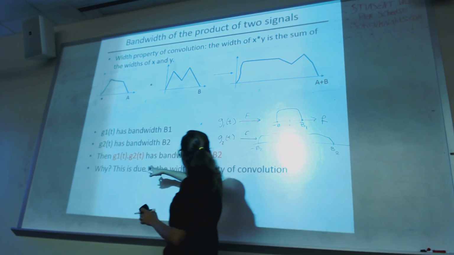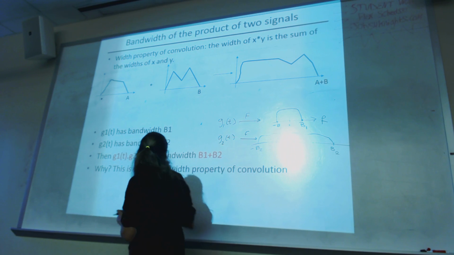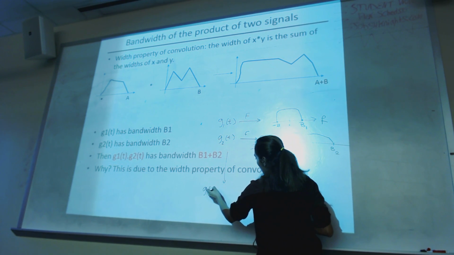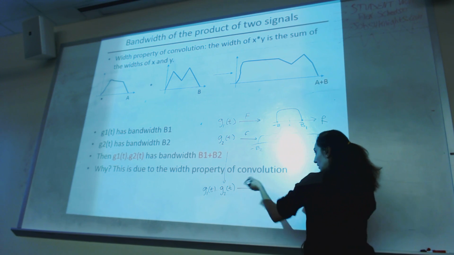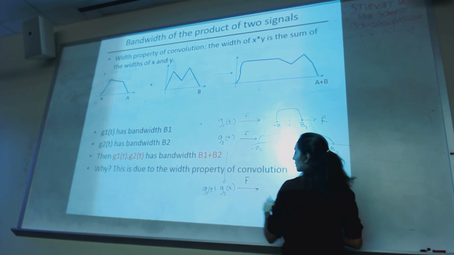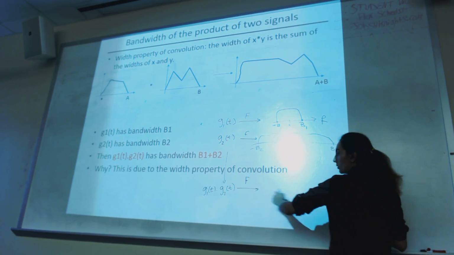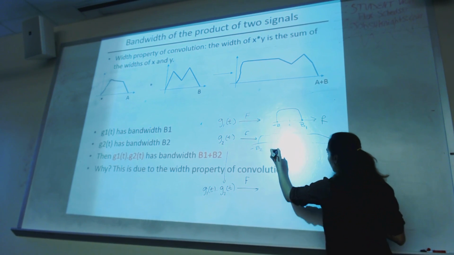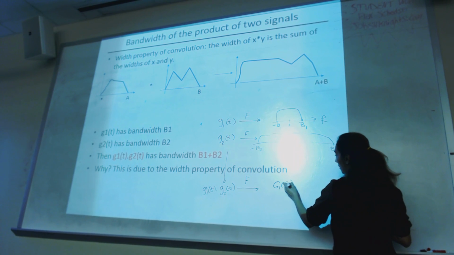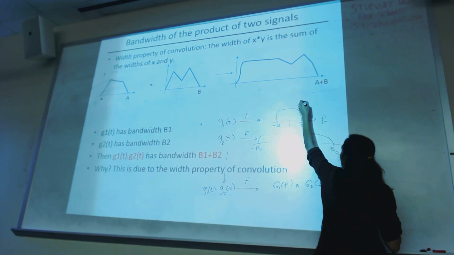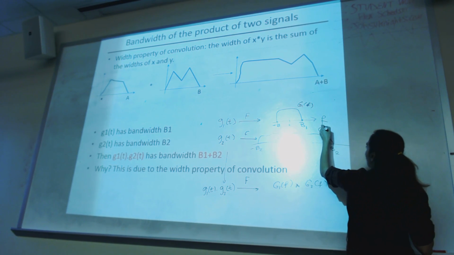Now, if you have the multiplication of G1 times G2, the question is what is the bandwidth of that? If I take the Fourier transform, what happens? Multiplication in time is equivalent to convolution in frequency. So basically I have G1(f) convolved with G2(f).